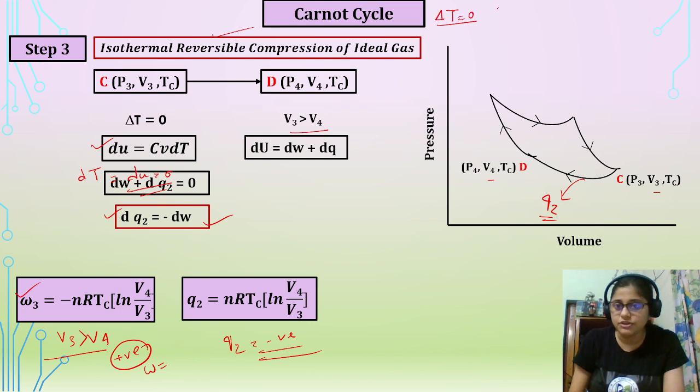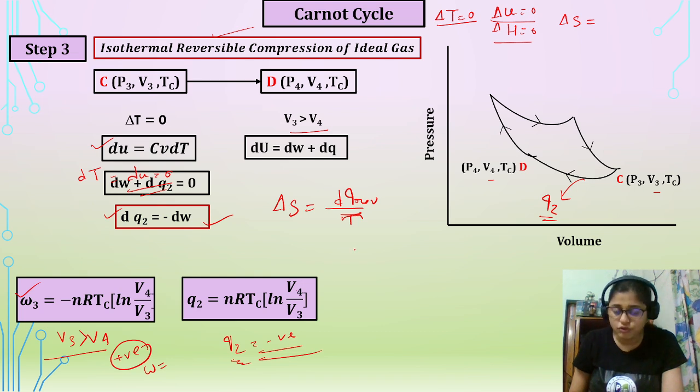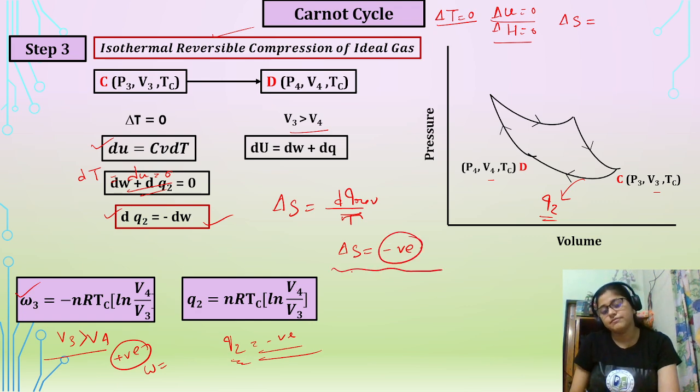Delta T equal to 0, delta U equal to 0, delta H also will be 0, right? And what will be delta S? See, here I am writing. Delta S is delta Q reversible by T, and here heat is released and Q is negative. Here also we got Q is negative, Q2. So delta S will also be negative.